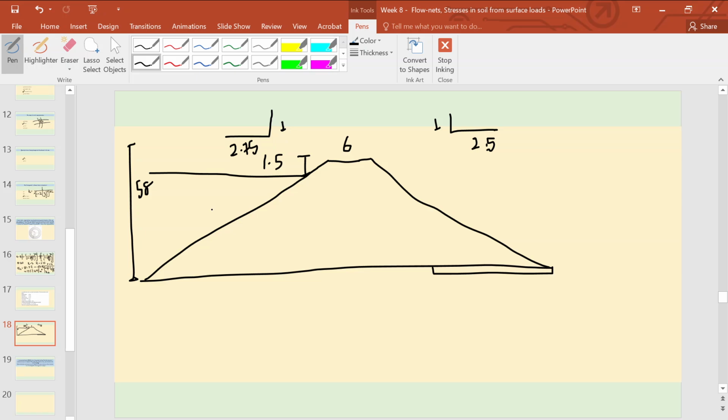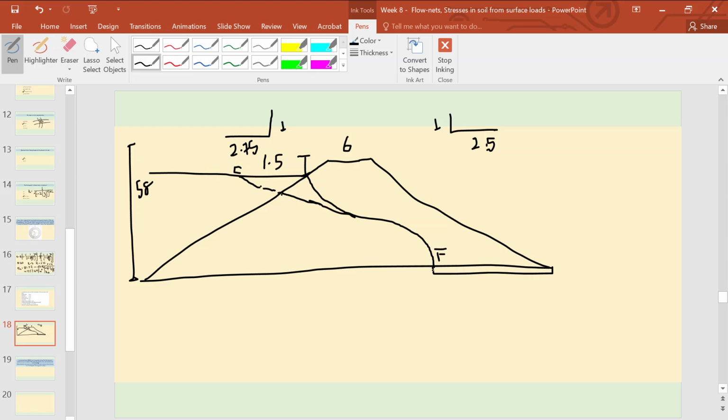Now, the phreatic line, the topmost flow line, comes like this, and it has been assumed that this line can be extended to form a parabola. And this point can be C, and this is the parabola.